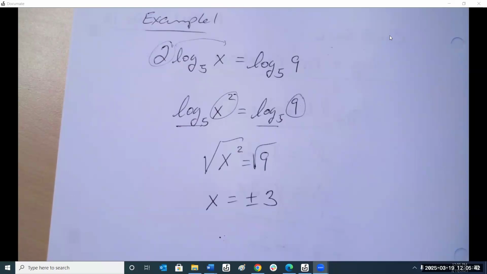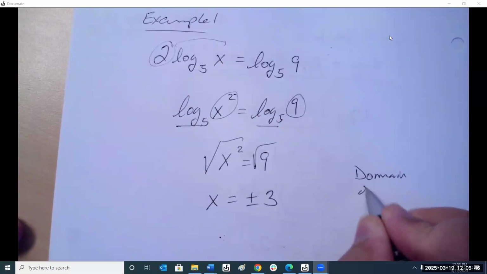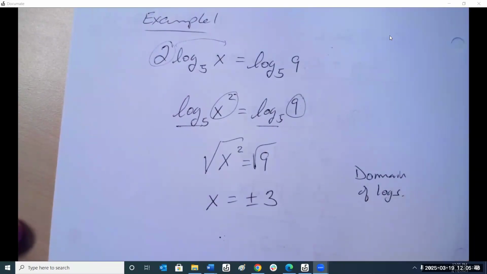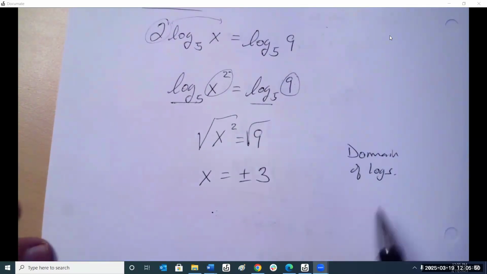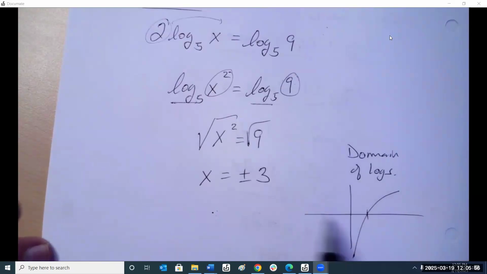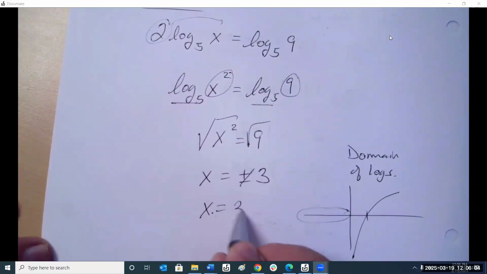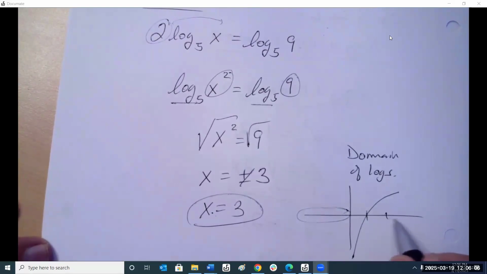No. What's the domain of logs? What does the graph of a log look like? You cannot have negative x's. So the answer is x equals positive 3 only.